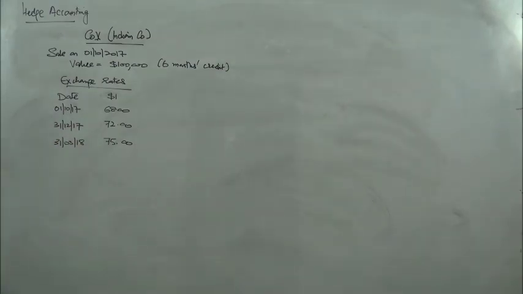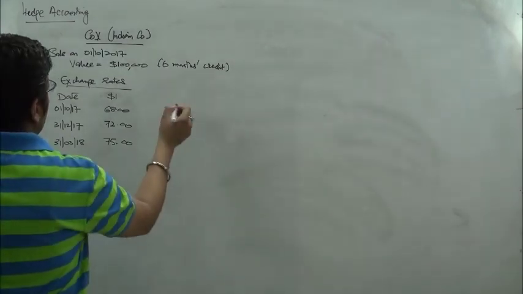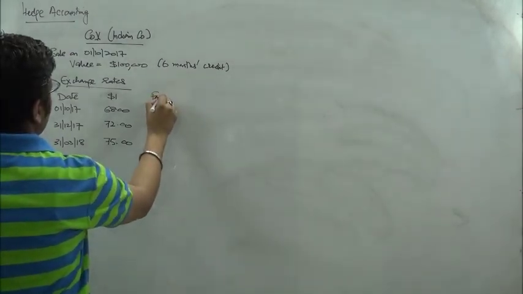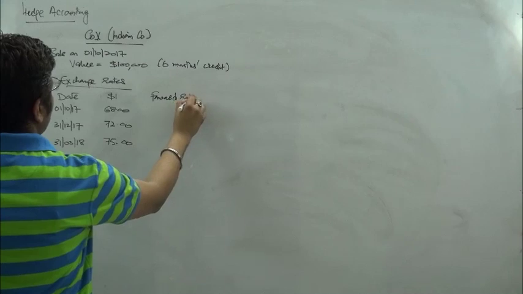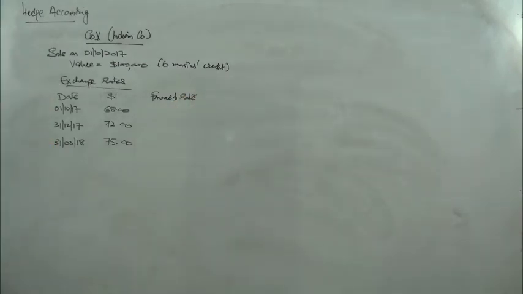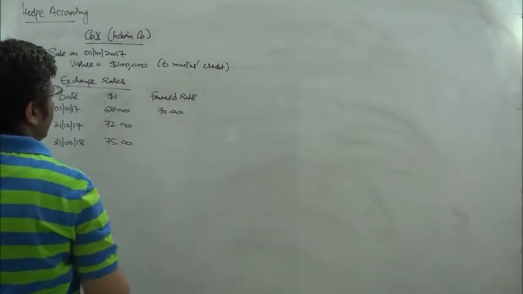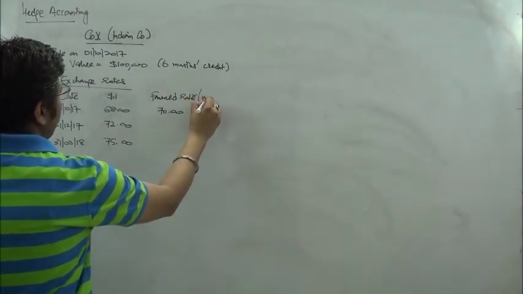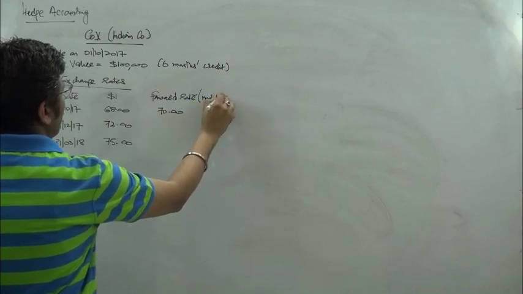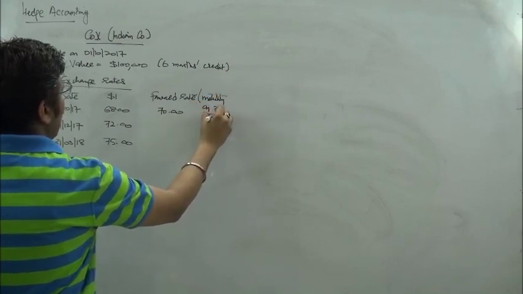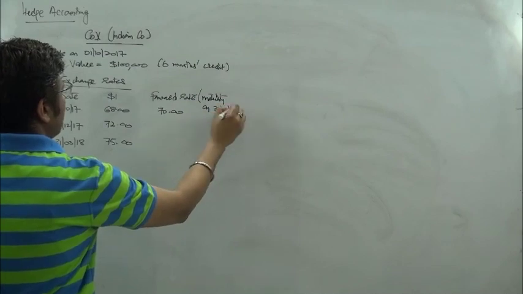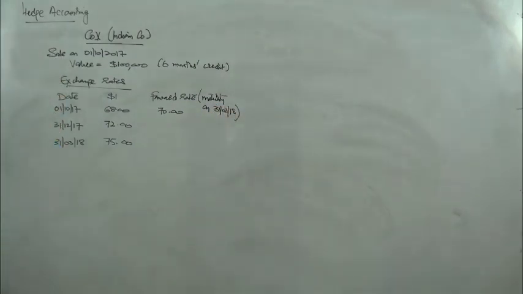But then what I did, I got into a forward rate here. Now I fixed it at 70, with the maturity on 31st of March 18, right?